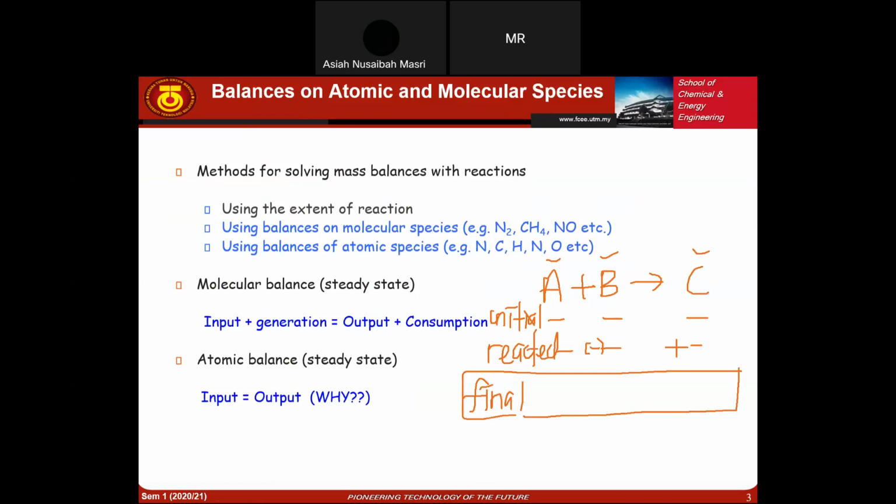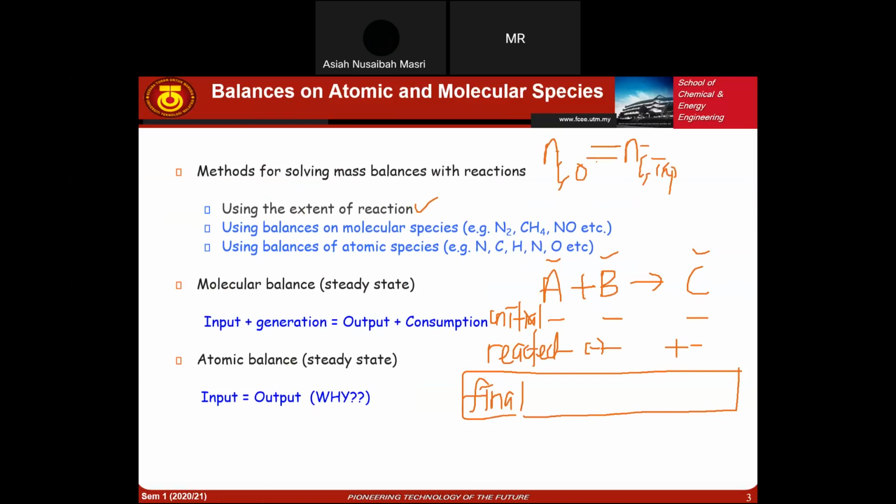Then we learned about the second method, where we solve the mass balance using the extent of reaction. In this case, we use the formula: mole of any species at the output is equal to the mole of that species initially, as the input.